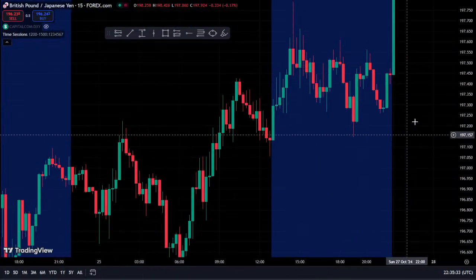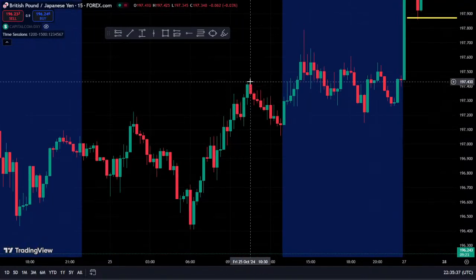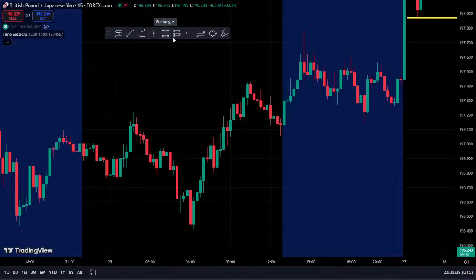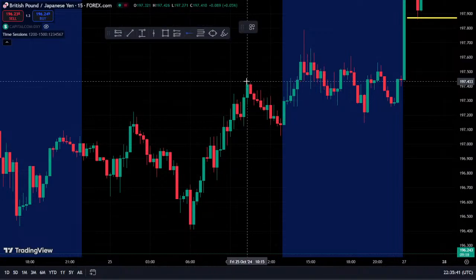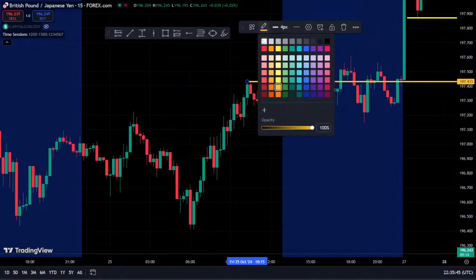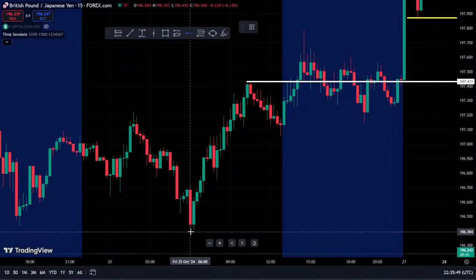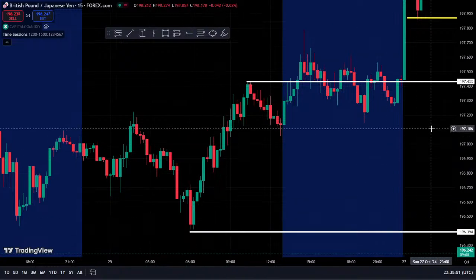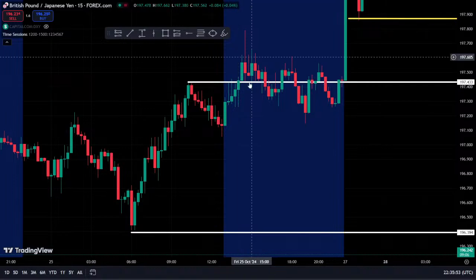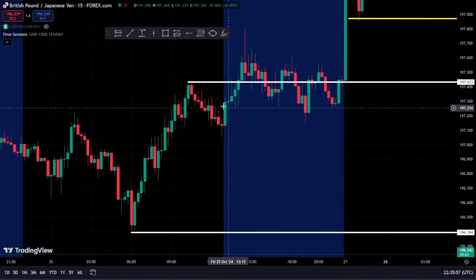Same thing for the next session. So far the highs are, okay, this is a high, and this is the low. The high gets taken out, liquidity sweep. This is a fair value gap.